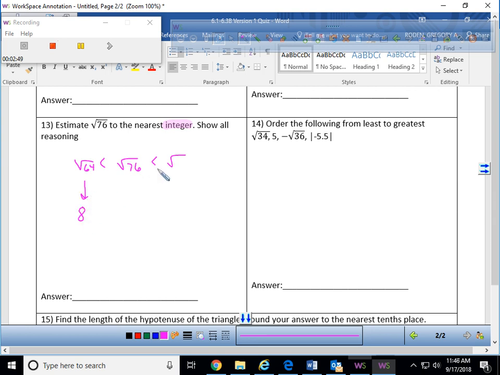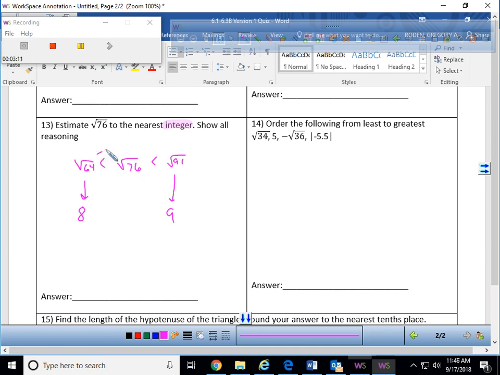And the square root of 76 is less than the square root of 81, and that would be 9. So the exact answer is somewhere between 8 and 9, otherwise known as 8 point something.